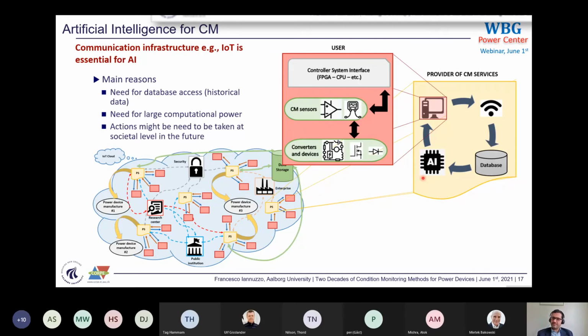And yes, you can make lifetime predictions, and this is also very interesting. This enters another world, called digital twin, where people use field data taken with condition monitoring to train a neural network, again, an artificial intelligence based digital twin.